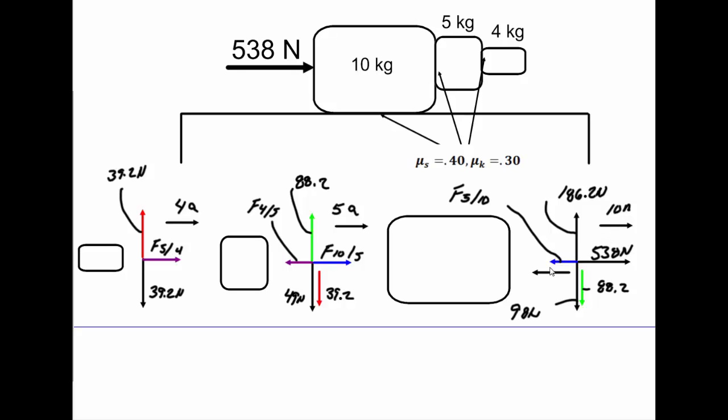The only thing we're missing is the frictional force. This 10 kilogram object is sliding, so we use kinetic friction. We use our normal force times 0.3 to get the frictional force, and we get 55.86 newtons.